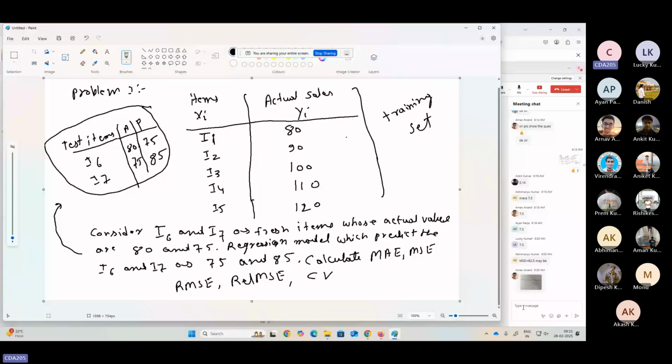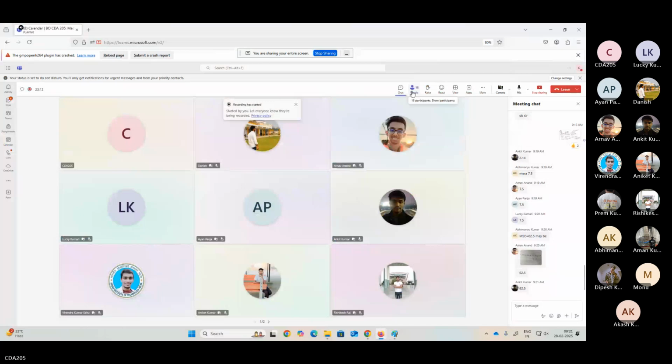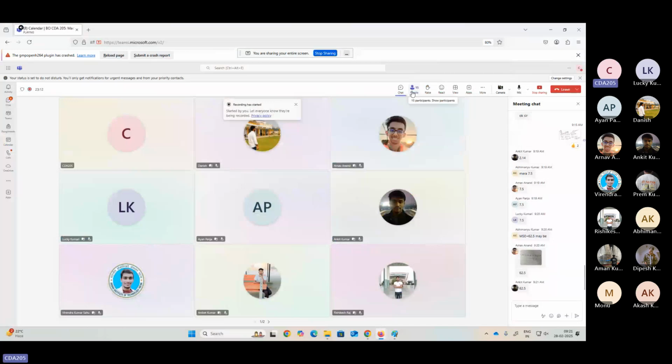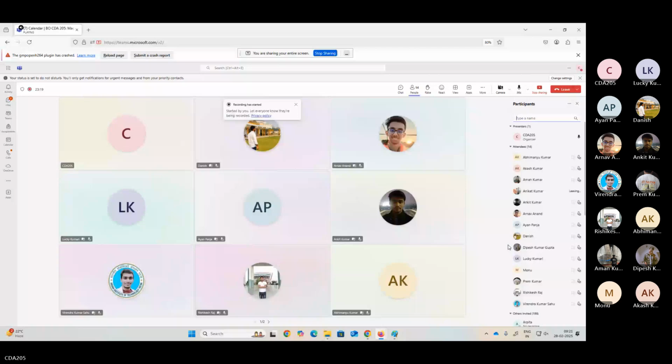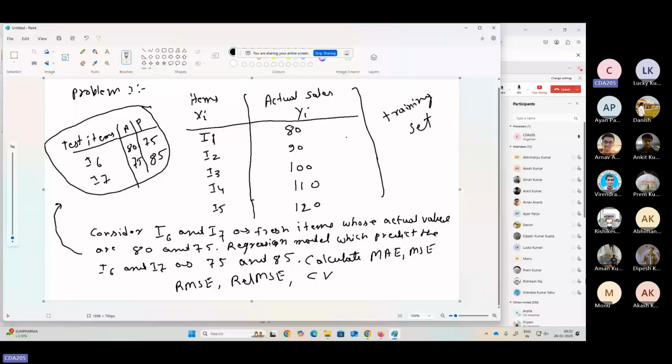Only a few students are active. What about the other students? Arya, Ayan, Prem, Dipesh, Monu, Rishikesh.